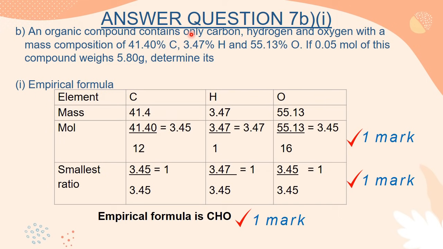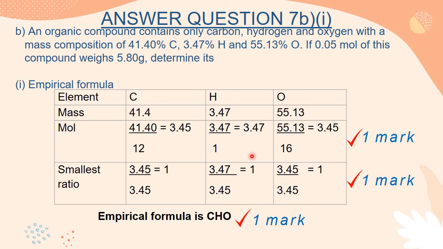So 41.4% carbon means 41.4 grams of carbon, 3.47% hydrogen refers to 3.47 grams of hydrogen and 55.13 grams oxygen. After that, we determine the number of mole for each element. So for carbon, we get 3.45 mole, hydrogen 3.47 mole, and oxygen we have 3.45 mole.